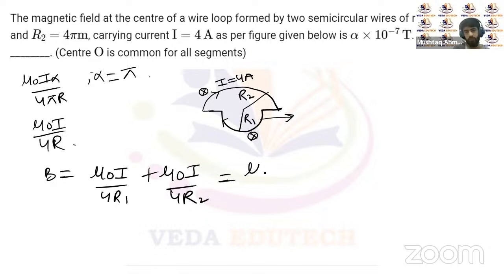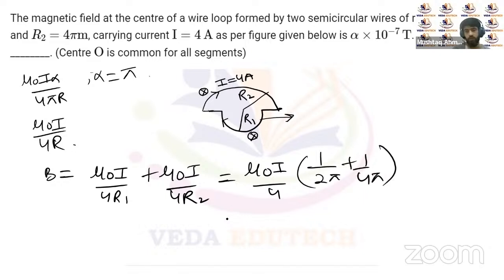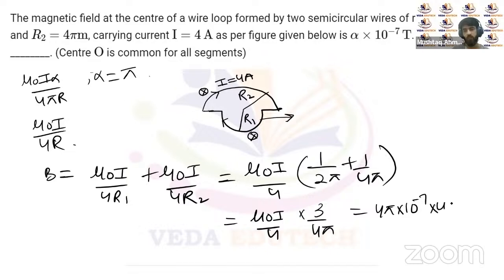So from here we can take mu naught I upon 4 as common, 1 upon r1 plus 1 upon r2. r1 is 2 pi and r2 is given as 4 pi. So taking the LCM, it will be mu naught I upon 4 times 3 upon 4 pi. Now we can replace the value of I, which is given as 4, and mu naught is 4 pi into 10 to the power minus 7, multiplied by 4 into 3 upon 4 into 4 pi.